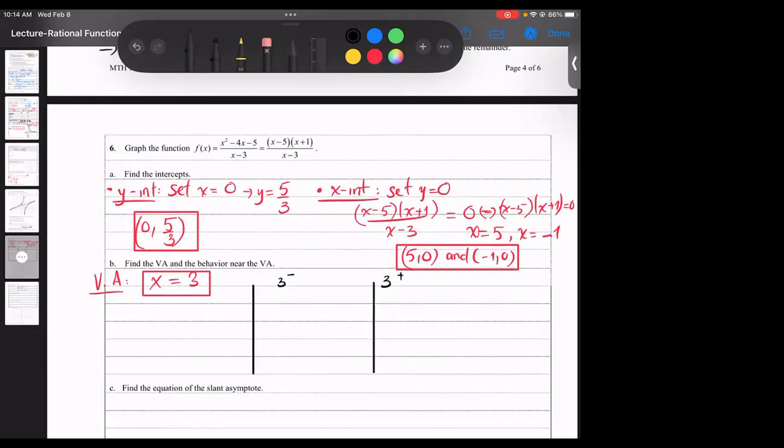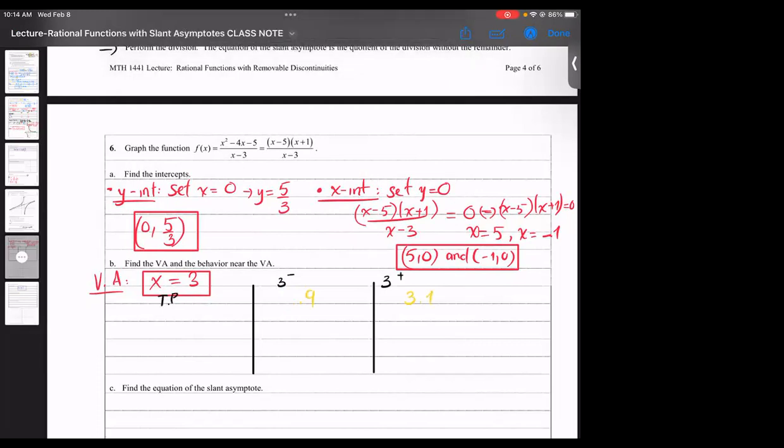Test point, right? Test point. Something from the left of 3 will be 2.9. And then something from the right of 3 will be 3.1.